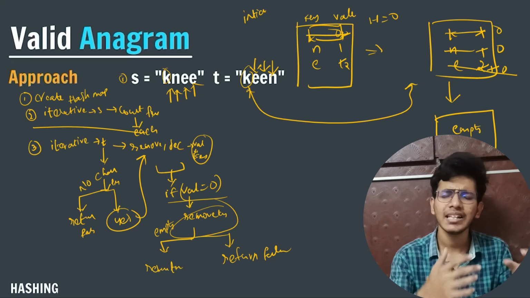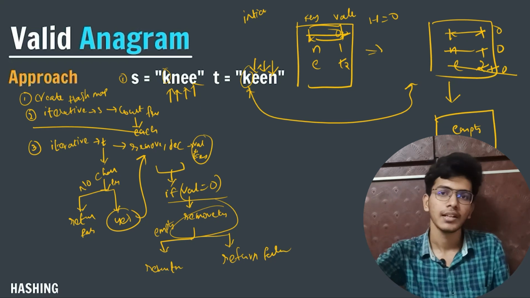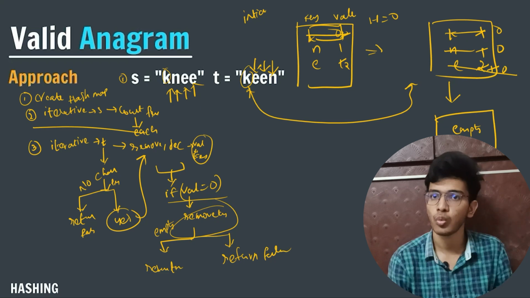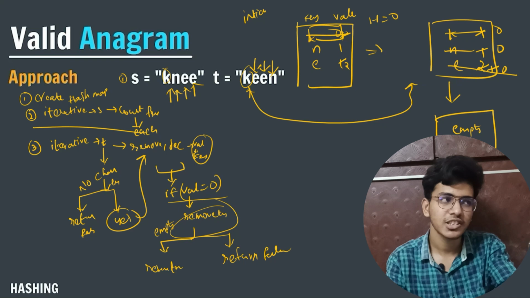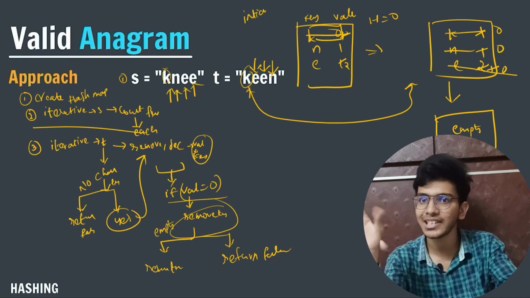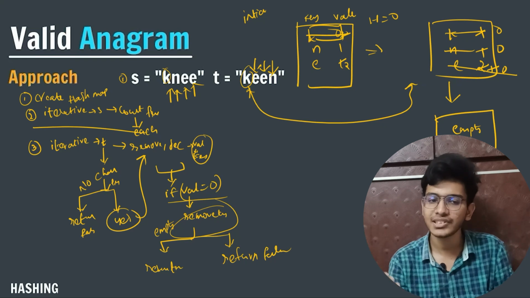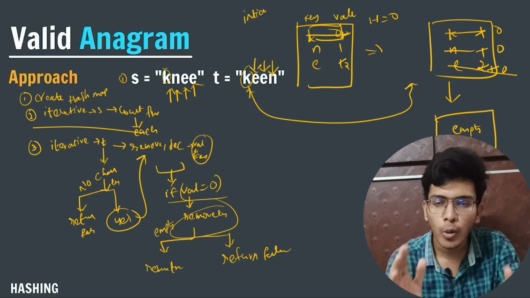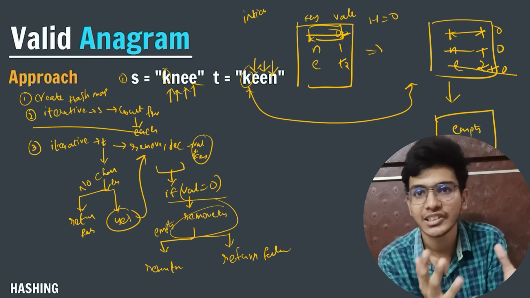Okay, and finally after all the iterations, if my hash map is empty, then I will return true. If there are some elements present, it means that in the S string there are some elements which are not present in my T string. This is the indirect meaning of it. So if this is the case, then I will return false. I hope you have understood the overall approach. If you didn't, then rewind and see the video again.